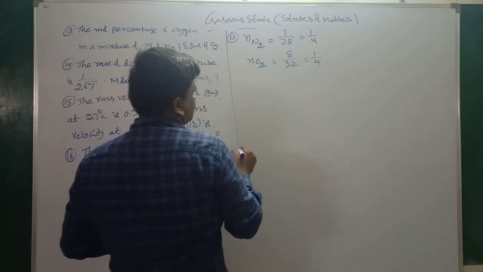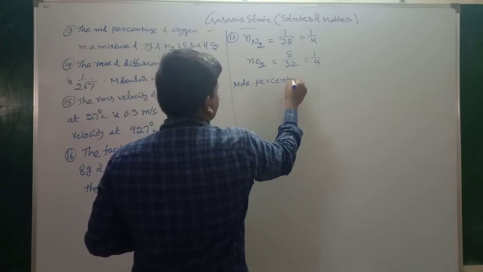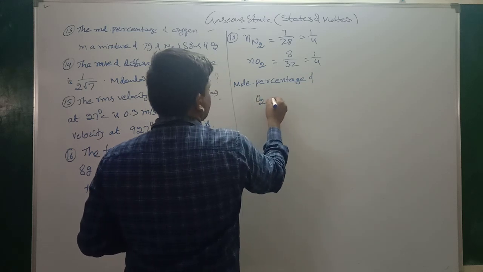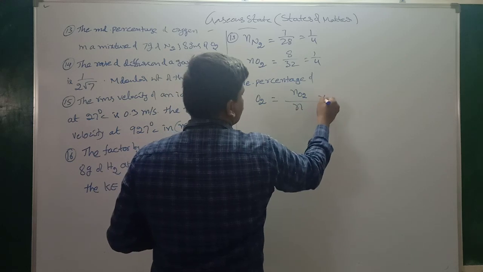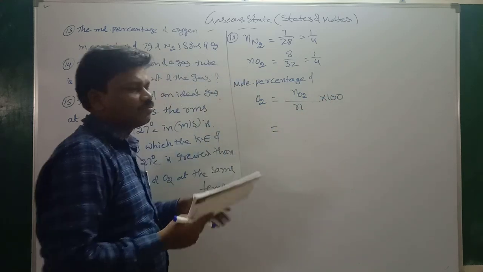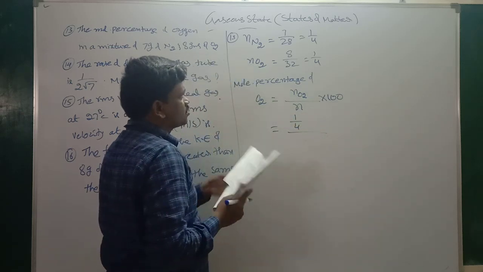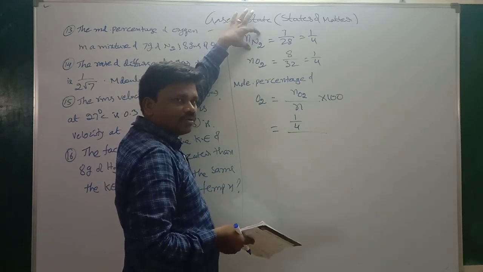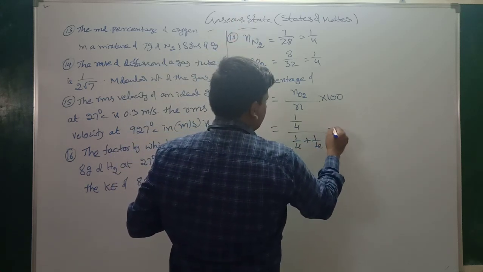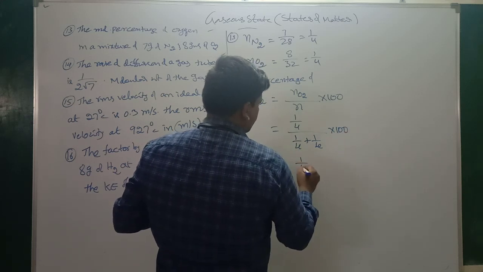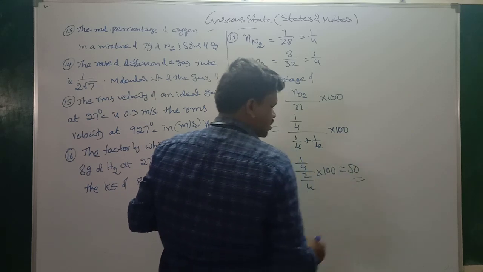Then the mole percentage of oxygen is equal to the number of moles of oxygen by the total number of moles, times 100. That is 1 by 4 divided by (1 by 4 plus 1 by 4), times 100, which is 1 by 4 by 2 by 4 into 100, equal to 50%.